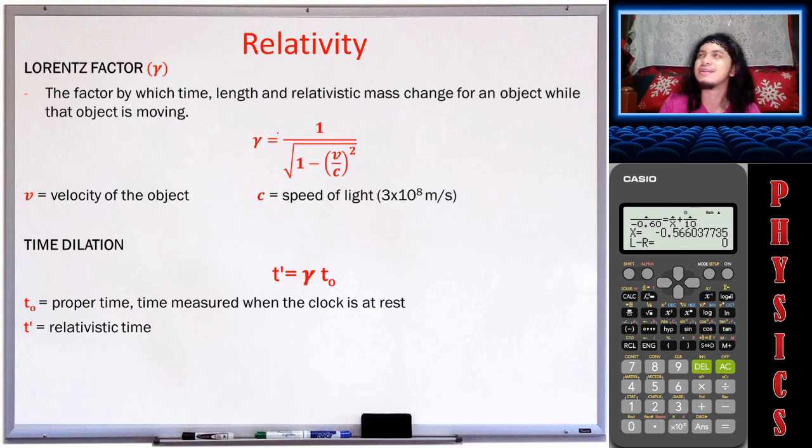Kapag po 0 yung velocity, 0 squared, Lorentz factor is 1. Ibig sabihin, walang nangyayari. Tama yan. So, Lorentz factor should be greater than 1. Kapag po hindi greater than 1, nag-a-undefined. So, tatandaan natin yan.